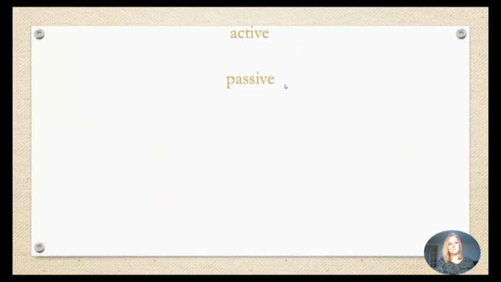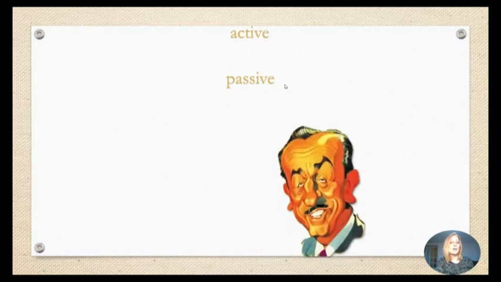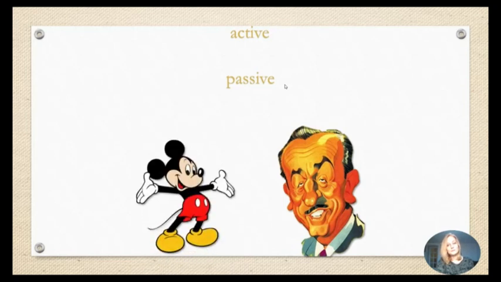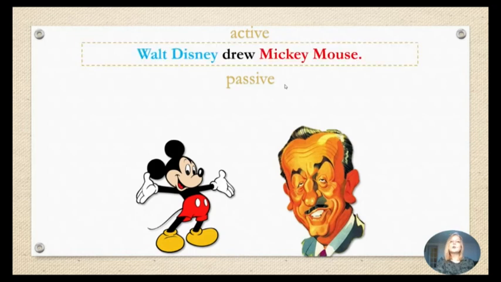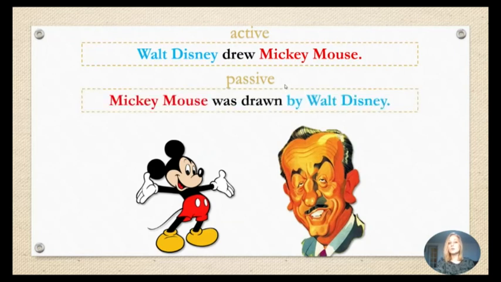Okay. Now, if you like watching cartoons, then you must know who this is. It's Walt Disney. Yes, that's right. Walt Disney drew Mickey Mouse. Mickey Mouse was drawn by Walt Disney.